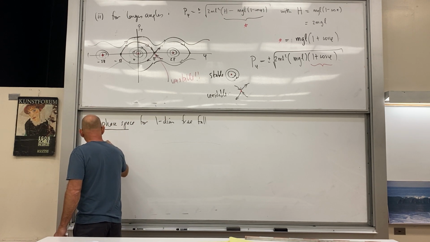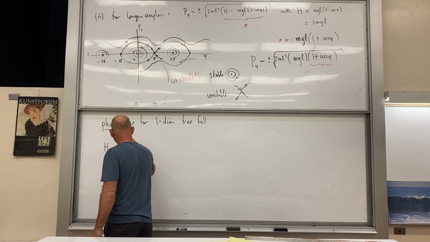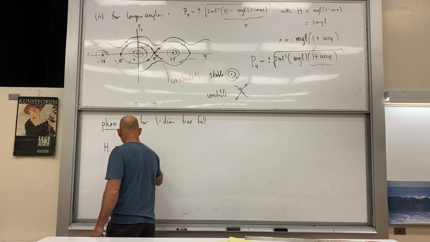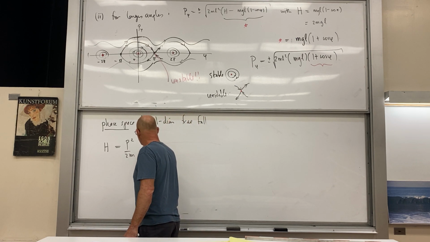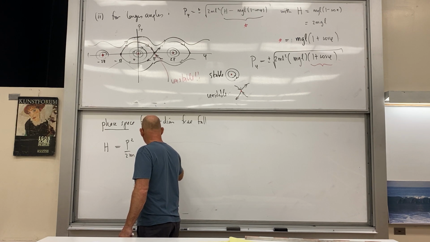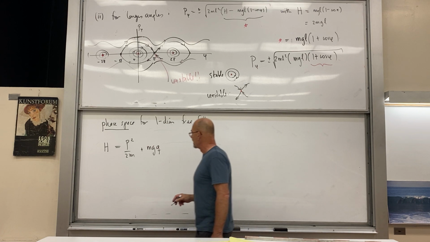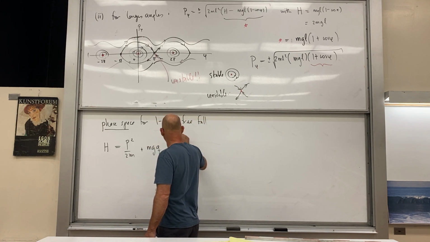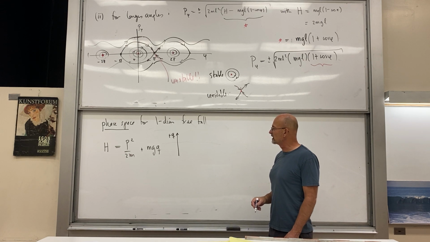So what do we have? We can actually cut to the chase here. Hamiltonian is p squared over 2m, so single particle one-dimensional free fall. P squared over 2m plus mgq. I'll stick with q. Q is the vertical axis, the up direction, mgq.